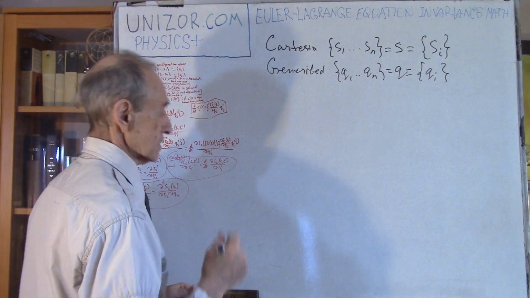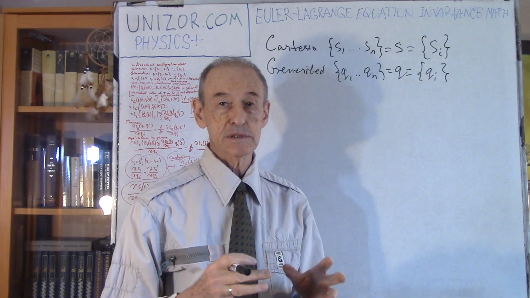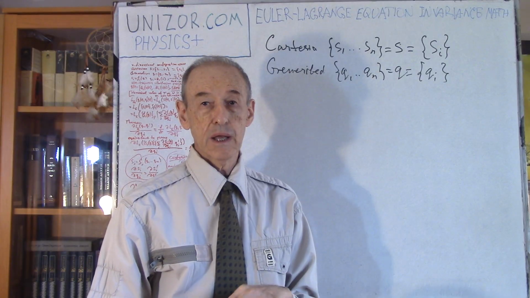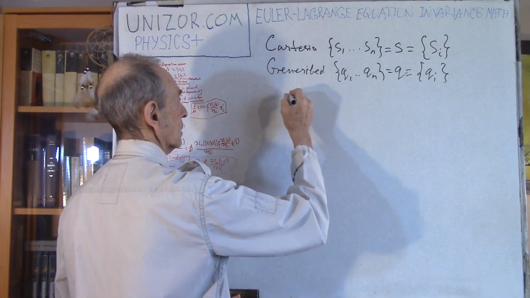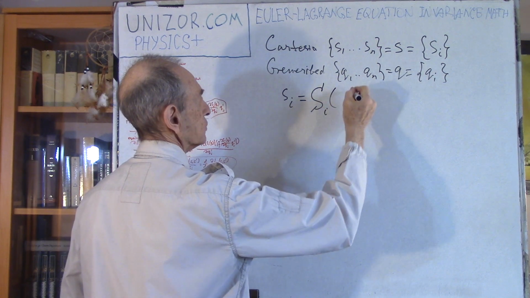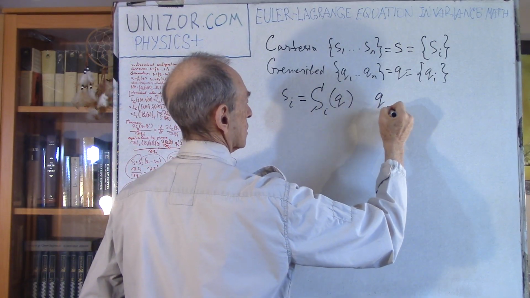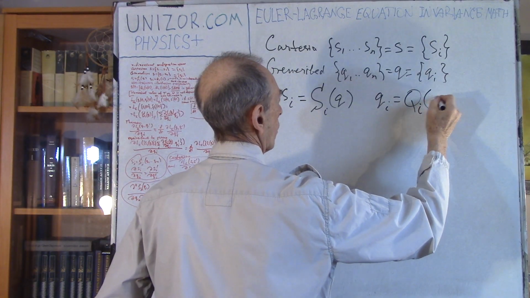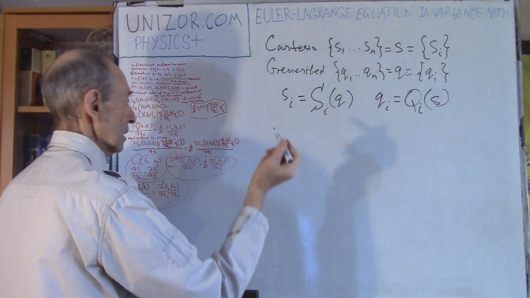What's interesting is that these are two equivalent systems of coordinates, in a way that one is transformed into another and back. They are in one-to-one correspondence, which means that for any Si there is some function, capital Si, of all Q, and for each Qi there is some function Qi of all S, converting the systems into one another.